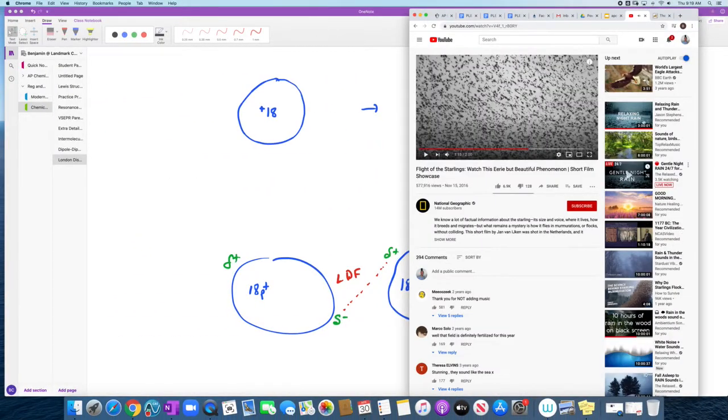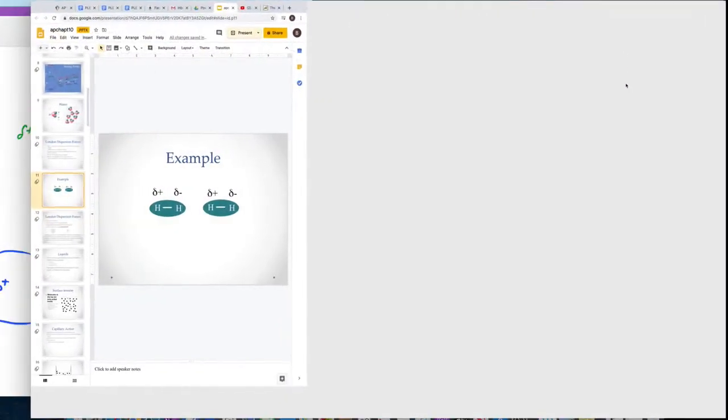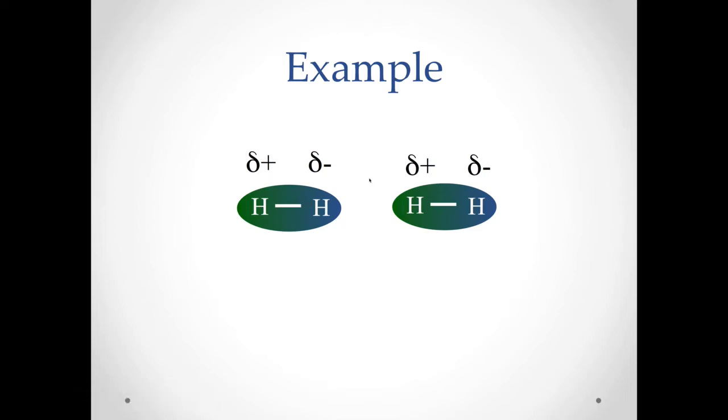And so if you go back and you imagine these London dispersion forces, if you had trillions of hydrogen molecules, you'd have all sorts of induced dipole moments happening in all sorts of directions, and yet they would all kind of adhere to one another like that flock of starlings is doing. Okay, so that's London dispersion forces.